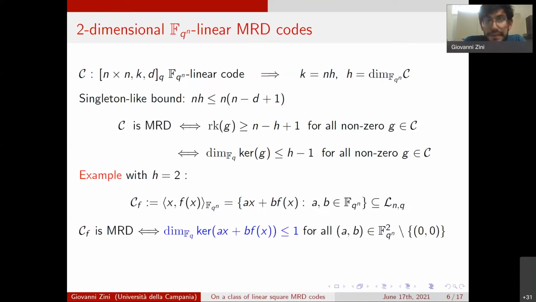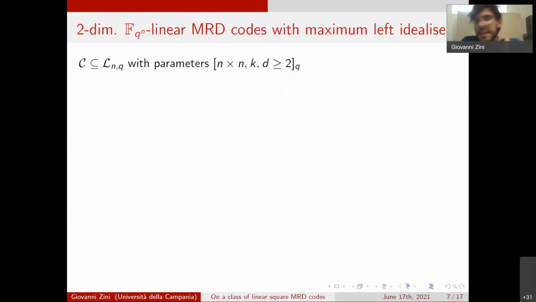This code C_f is MRD if and only if, as you can see above, the kernel of any non-zero map inside this code has F_q dimension at most 1. So, if you recall the talk by Giovanni, if and only if f is a scattered polynomial over F_{q^n}. Well, actually, this is not just an example, but an important family.